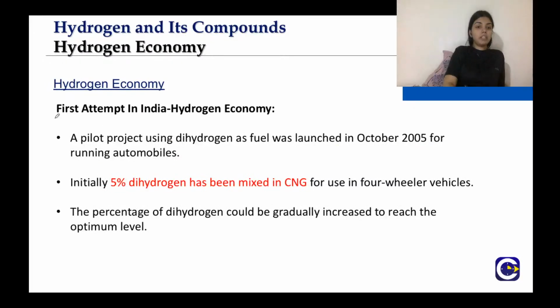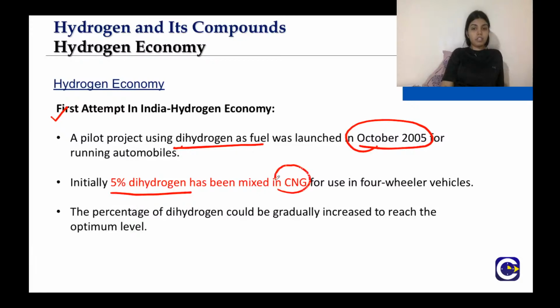So the first attempt in India for hydrogen economy was a pilot project, right? Dihydrogen was used as a fuel in October 2005. Initially 5% dihydrogen was mixed with CNG to use for four-wheeler vehicles. Okay, so the first attempt was that in October 2005 dihydrogen was used as a fuel for a pilot project.